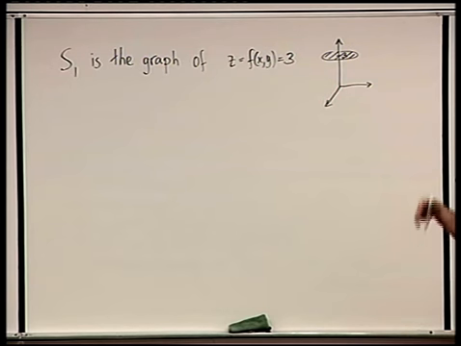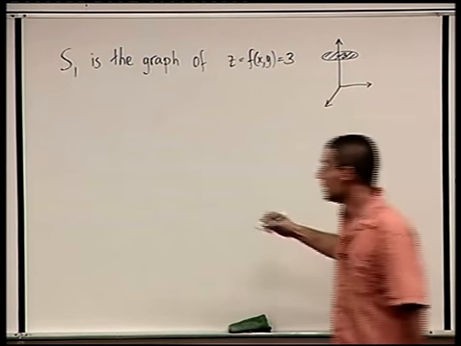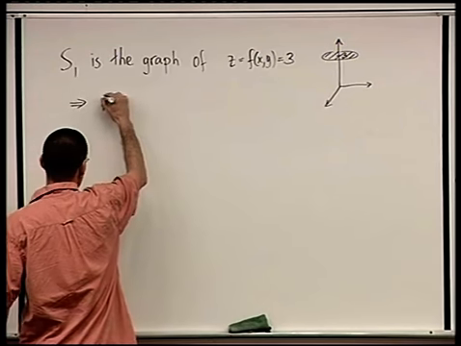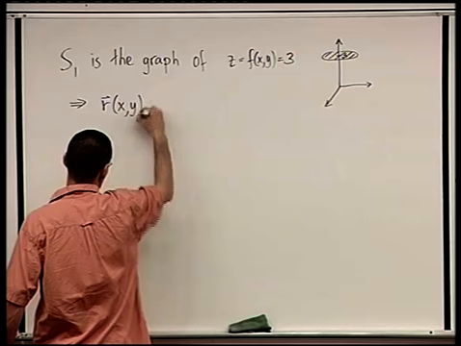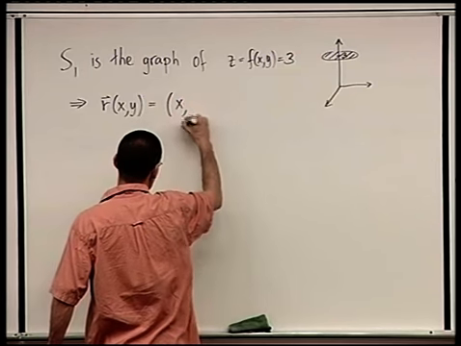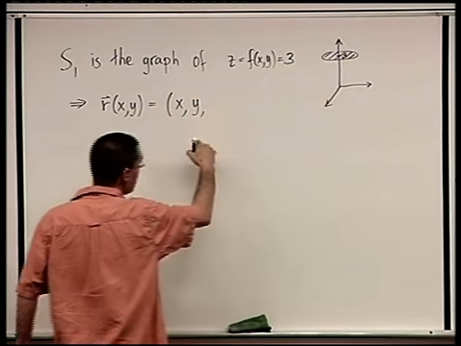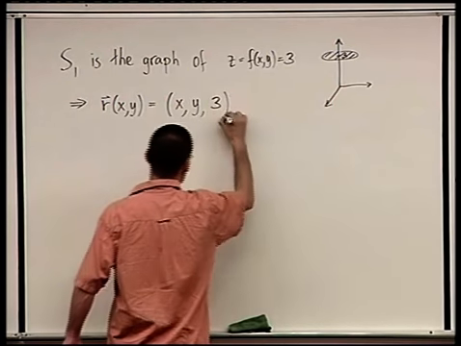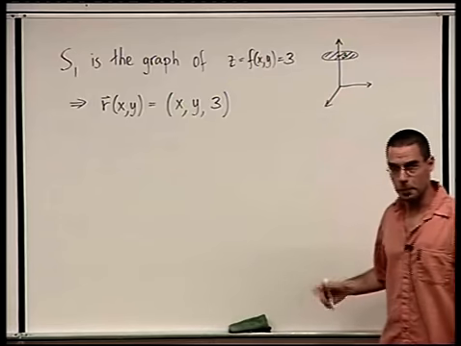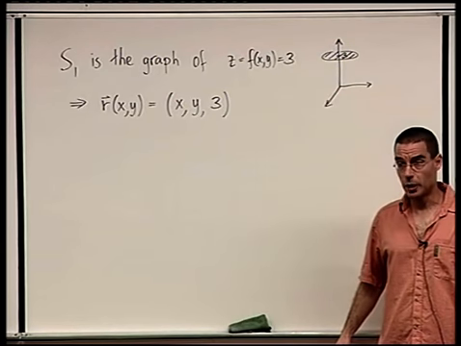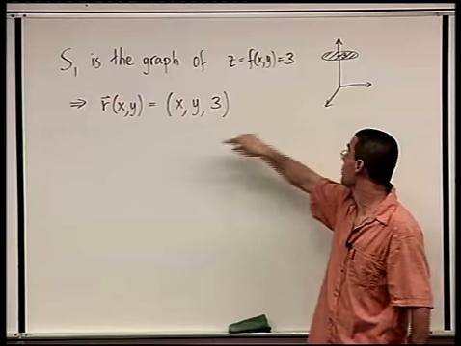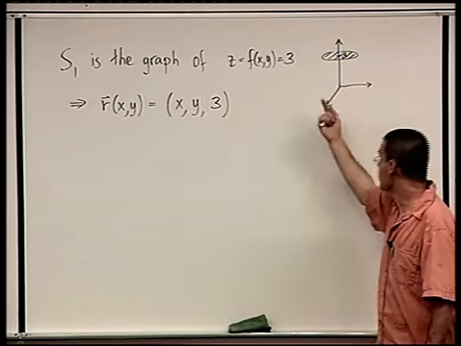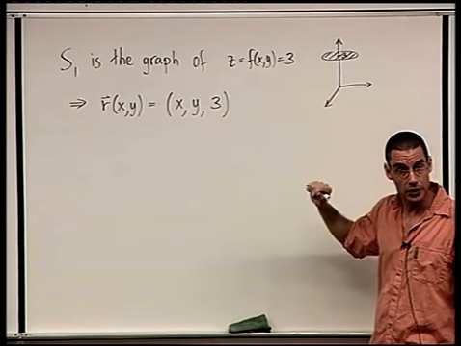So a parameterization of S1, we can parameterize S1 as r of xy equals x, y, f of xy, which is just 3. Do you agree that this is a parameterization of S1? All the points on S1 are of the form x, y, 3, where xy belong to the circle down here. Those are where the xy's live.